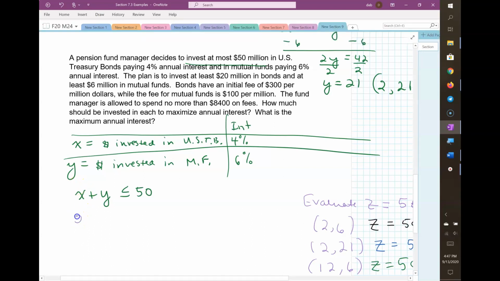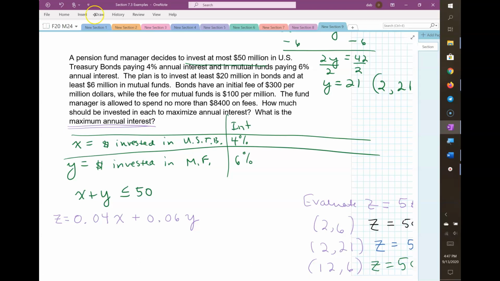So to find the dollars of interest, we multiply the percent of interest times the total dollars for each investment vehicle. So 4% of the money in the treasury bonds plus 6% of the money in the mutual funds. And that's going to be our interest. And this is going to be our objective function because we want maximum annual interest.